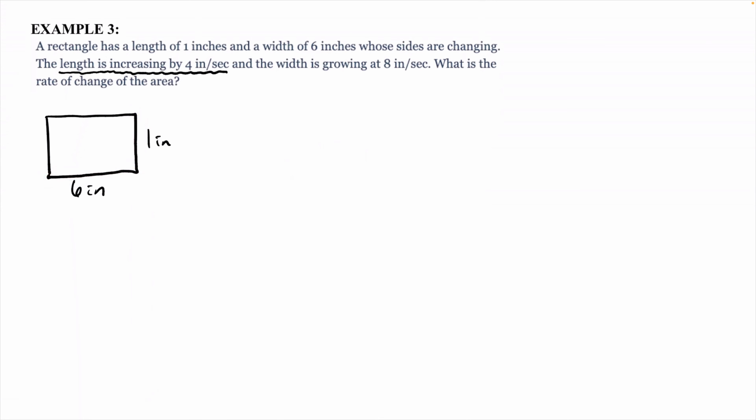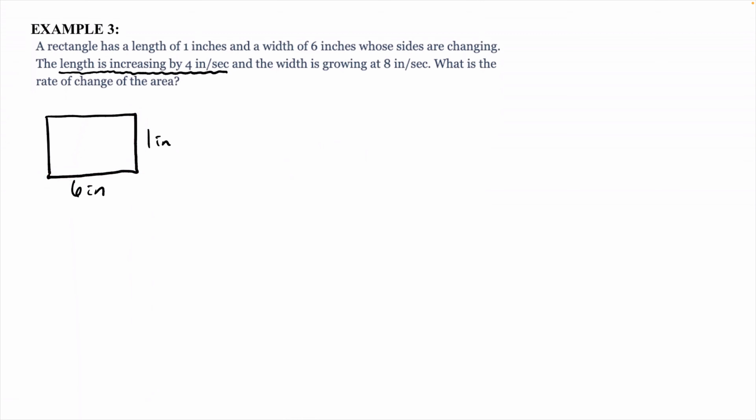Okay? So here's the thing. Instead of L and W, to keep it simple, I'm going to write x and y for everything. Because if you're using L and W for this one, and the next one has an h and an r, it kind of gets a little confusing. You can absolutely use L and W, but sometimes it's easier to use x and y. So how do I know which one's x and which one's y?